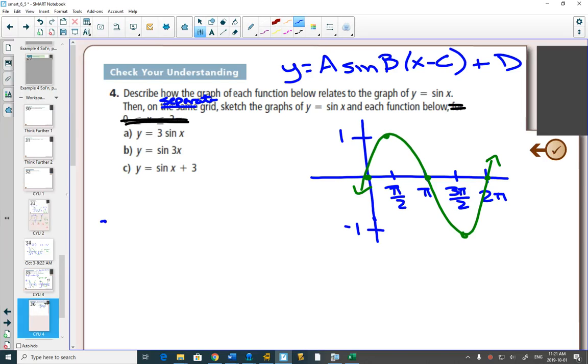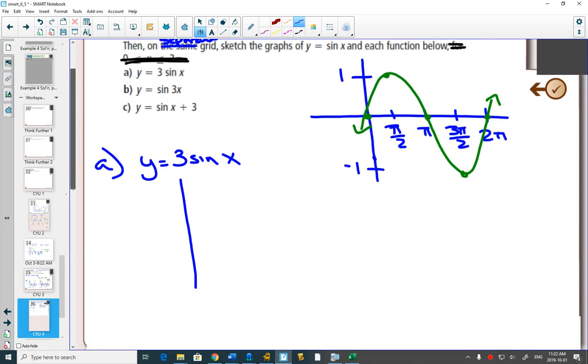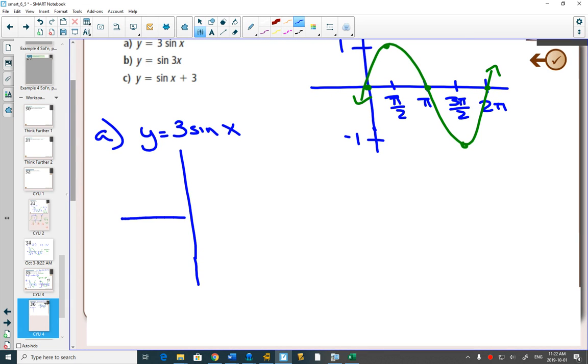So part A, y equals 3 sine x. The shortcut that we're going to do for A is to realize that vertical stretches just change our amplitude. So when I go to graph this, instead of going from -1 to 1, I'm going to go from 3 to -3.